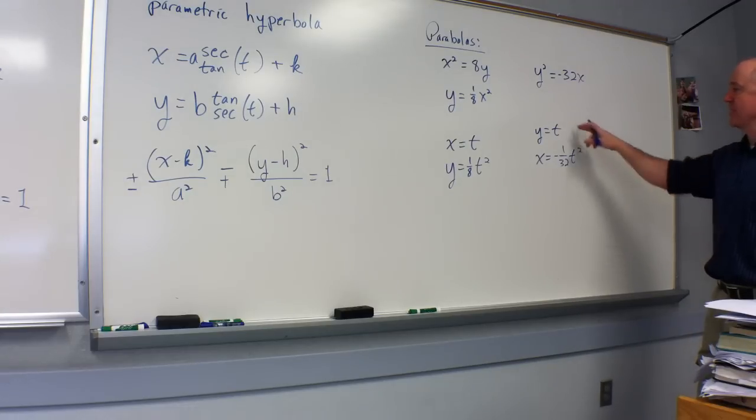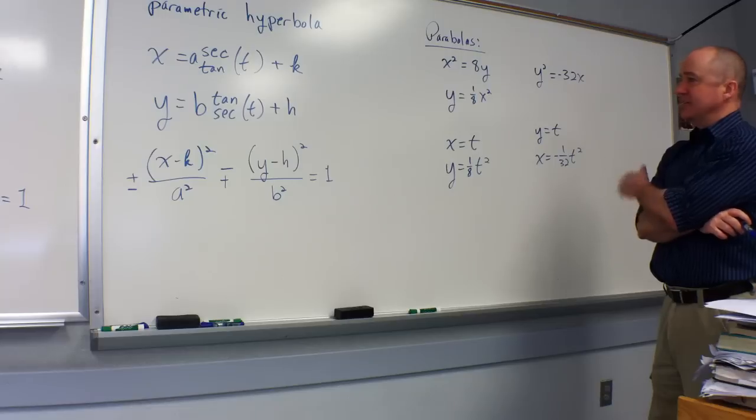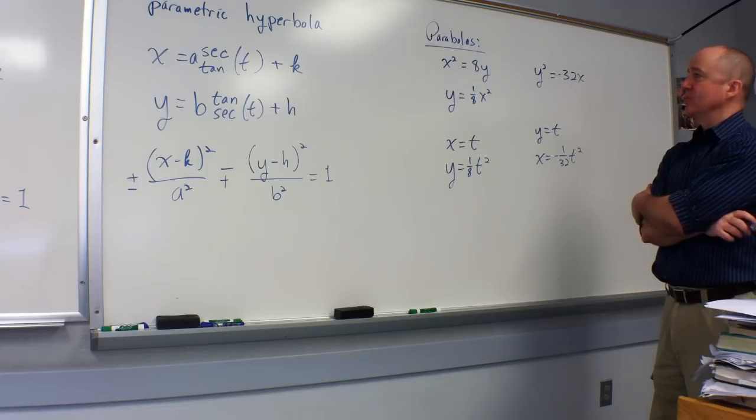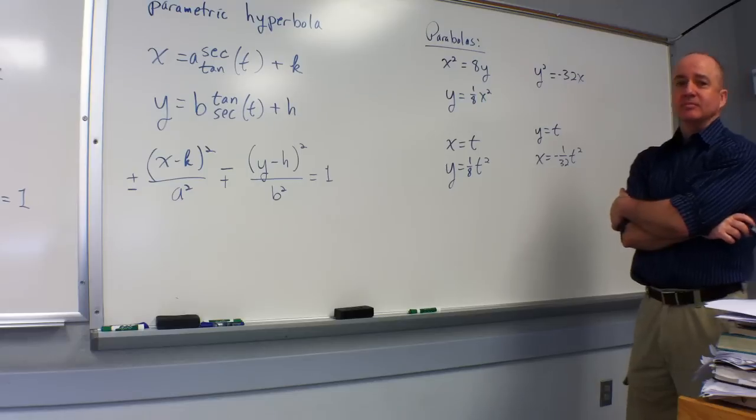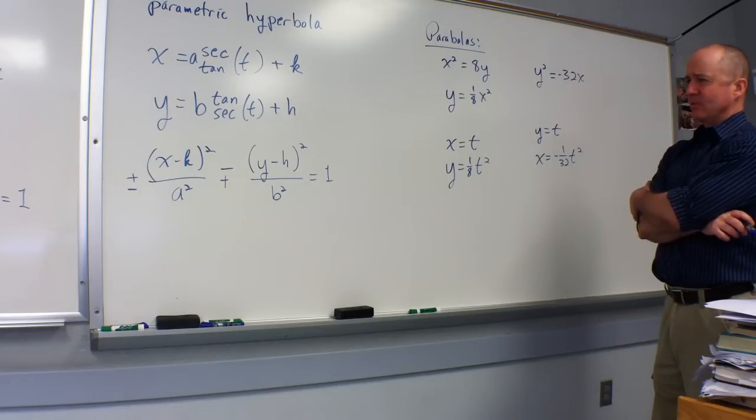Then you avoid the problem of having to deal with plus or minus roots. But there's no fancy trigonometric identity trick to parametric parabolas. It's just the same way we did them before. You have to dig deep into your memories for that.